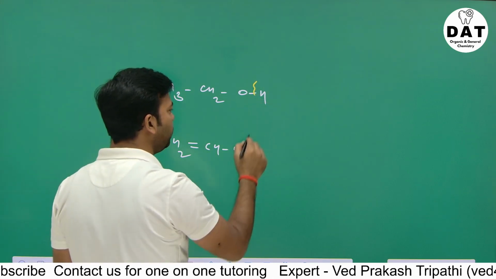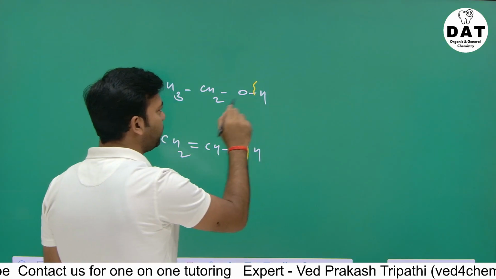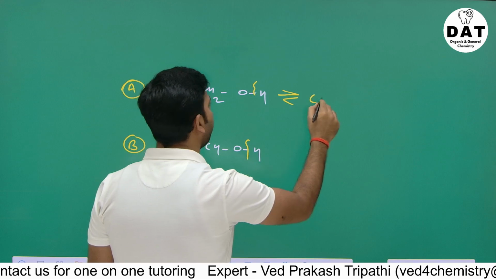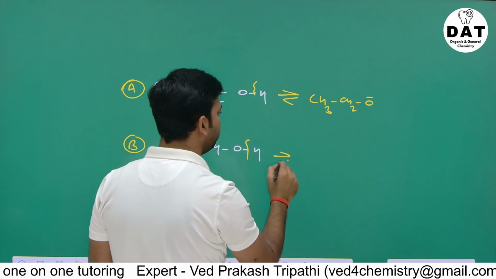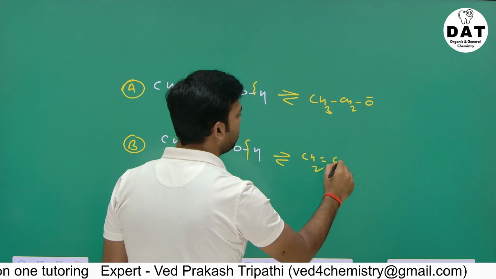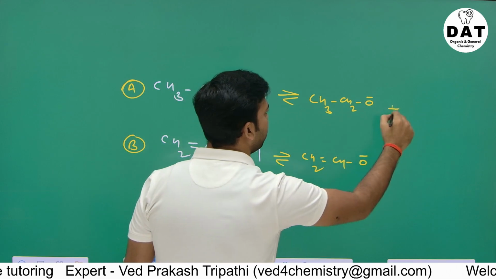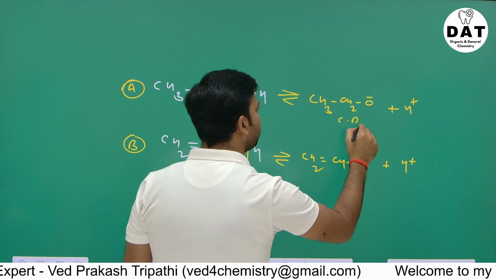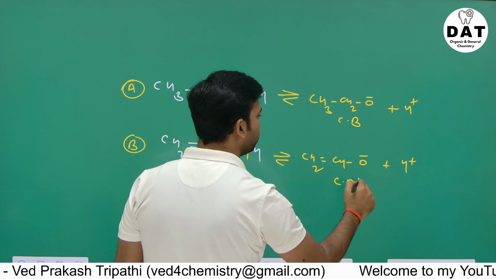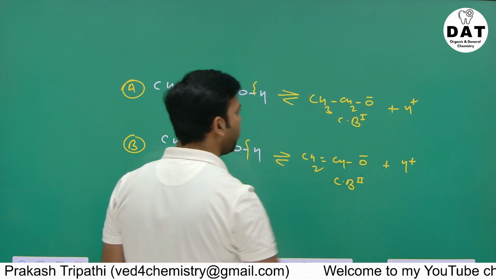So we form CH3CH2O minus, and CH2=CHO minus, and H plus. This is my conjugate base, this is the second, this is the first.